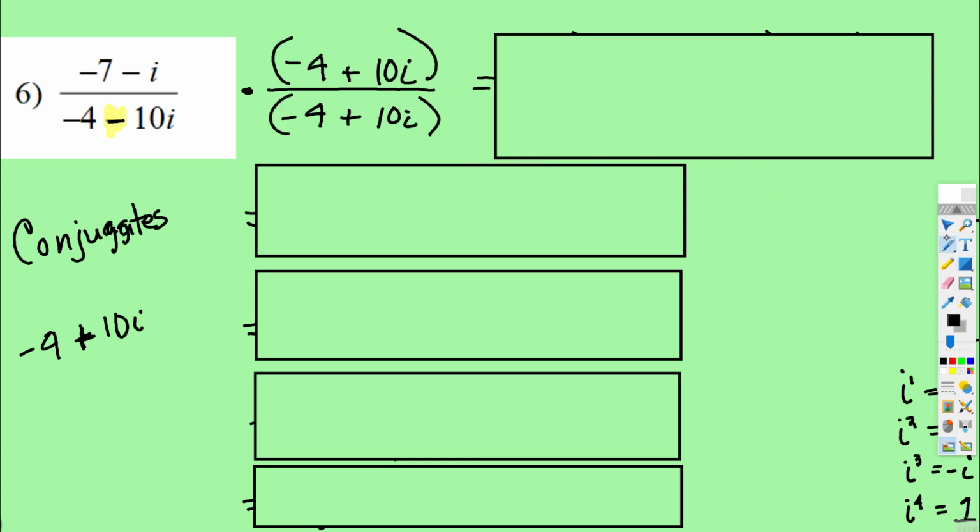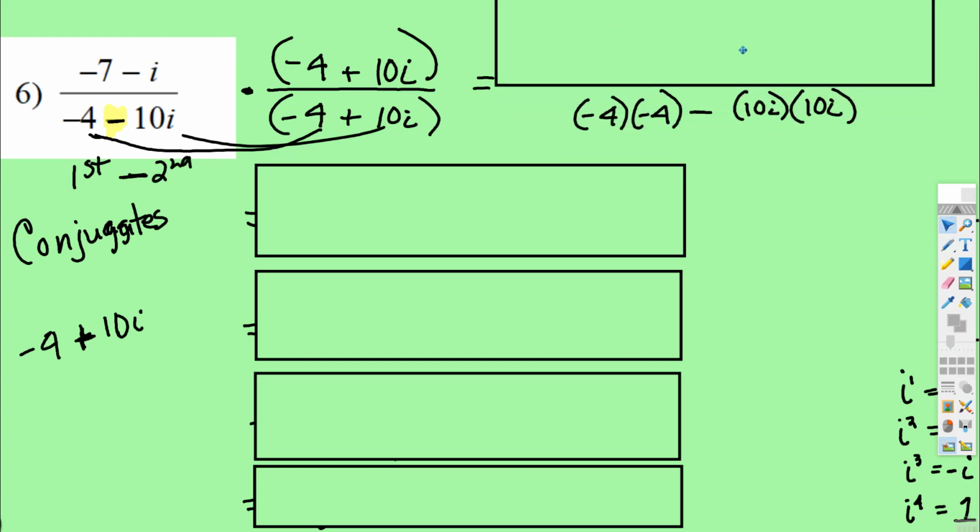And remember, the beauty of conjugates is, multiply it out yourself using the distributive, but the beauty of conjugates is you only have to multiply the first times the first, and then negative times positive is negative, and then subtract the second times the second.